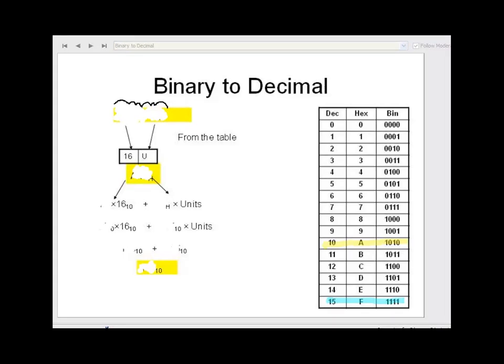Let's do 1011 1000. Just picking a number at random.